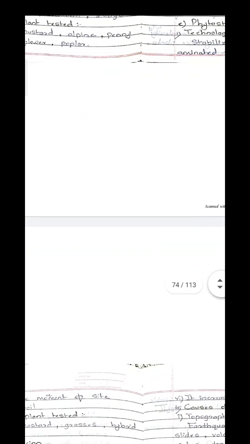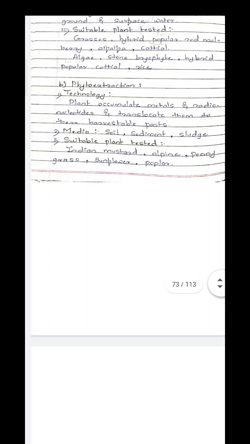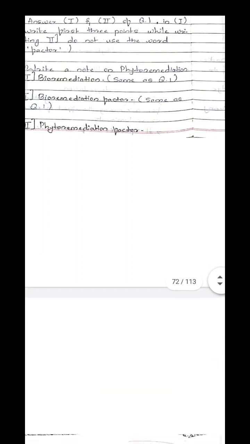So these are the different factors which are used in phytoremediation. According to the factors, different plants are used, and in their metabolism they can reduce the pollutants.